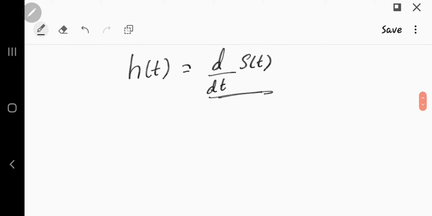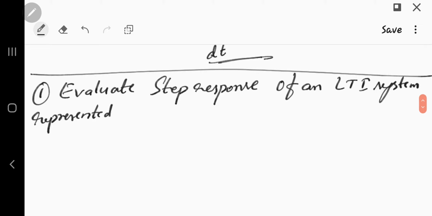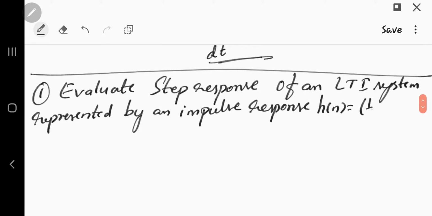Okay. So let us take some examples on step response. The first problem given is: evaluate the step response of an LTI system, where this LTI system is represented by the impulse response h of n is equal to 1 by 2 to the power of n into u of n.